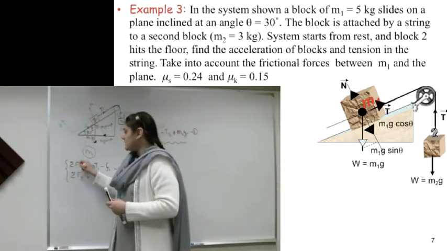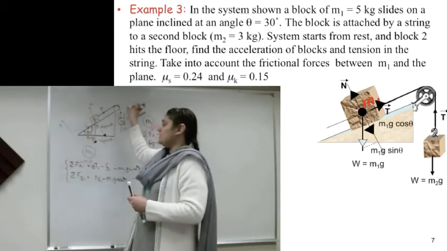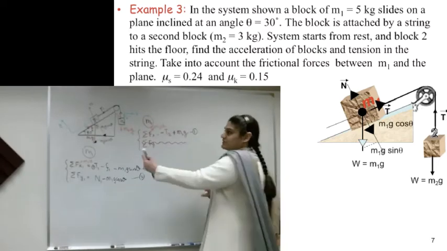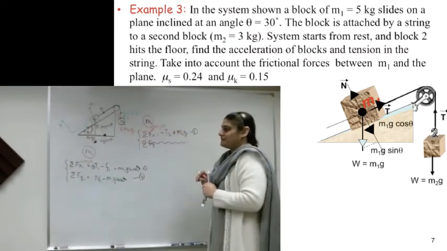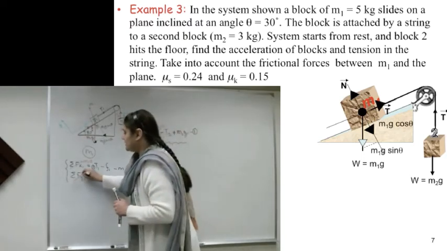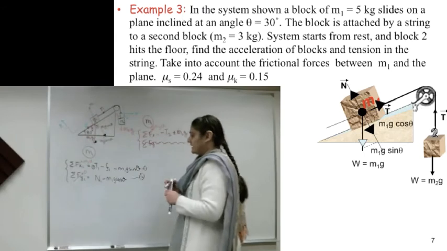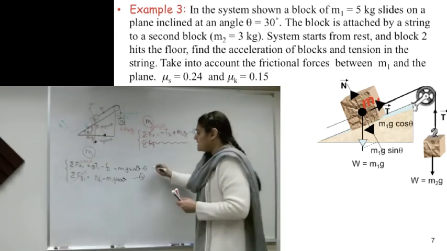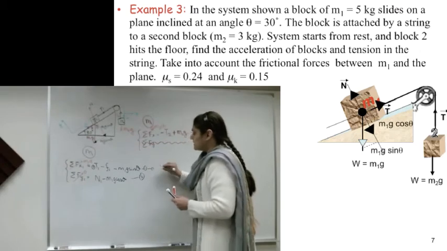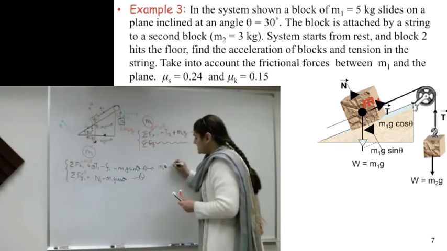And this one, I'm going to call M1A. It is also going towards the positive x-axis, so I don't have to worry about plus or minus here. And this one I call 0 because there is no motion of M1 along the y-axis.